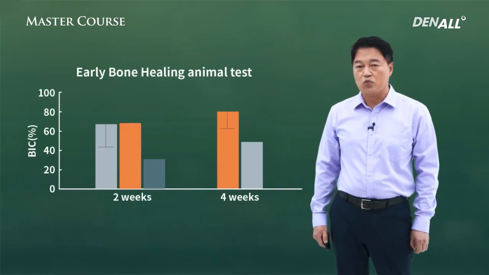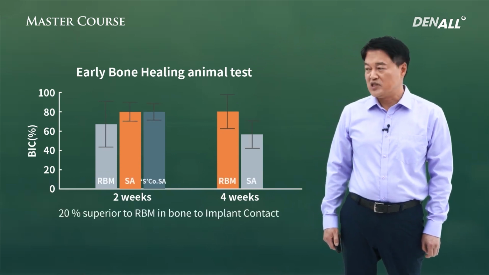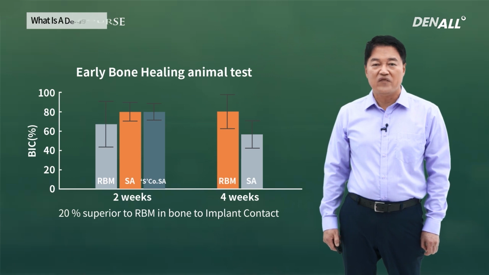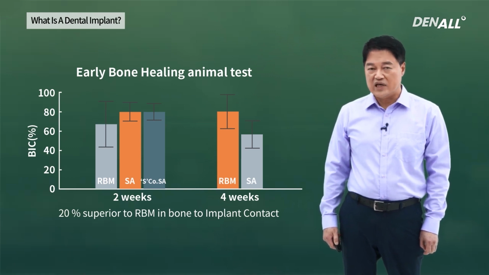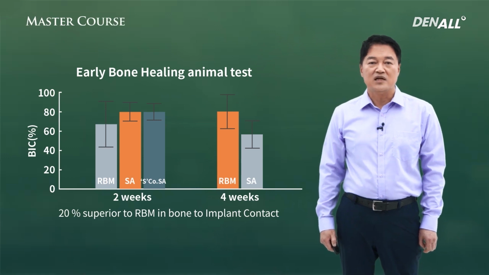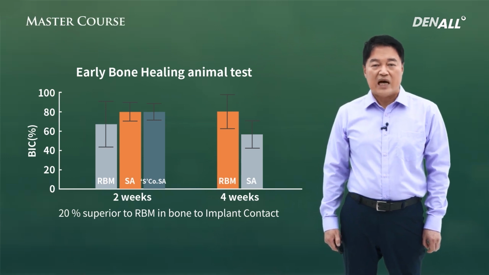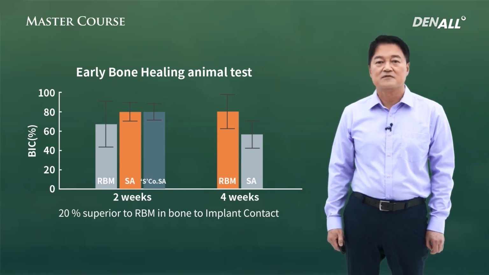The higher the BIC, the better the osseointegration. So when you develop new surface with animal study, you check whether BIC has increased and whether osseointegration has improved. As you study implant, this is something that is going to come up repeatedly, so you should remember this point.